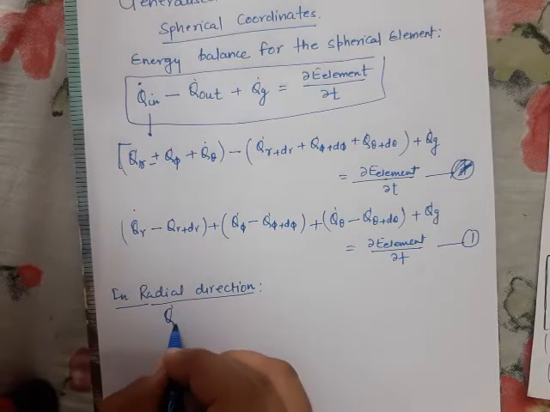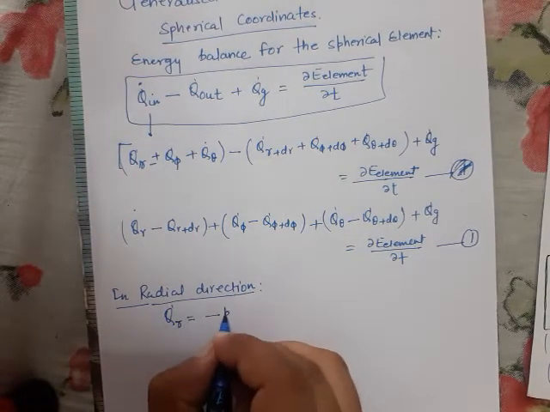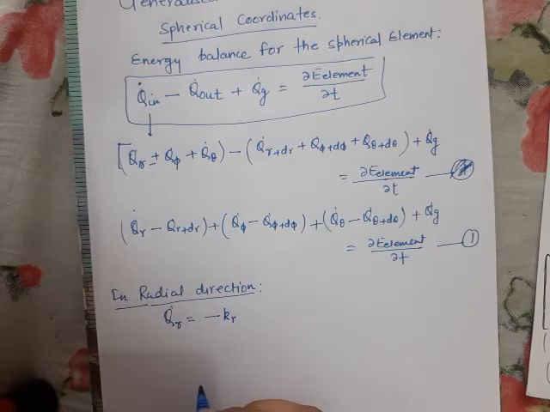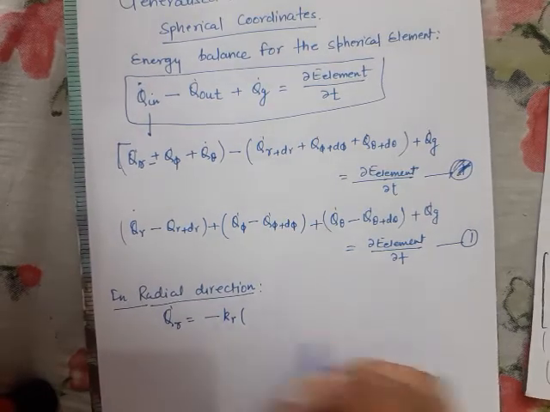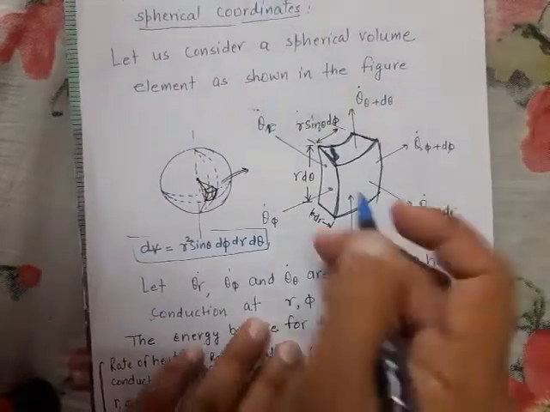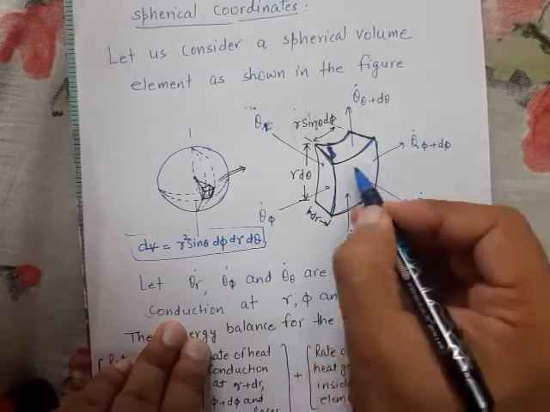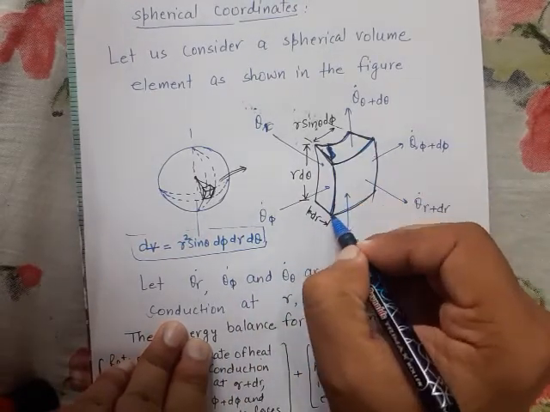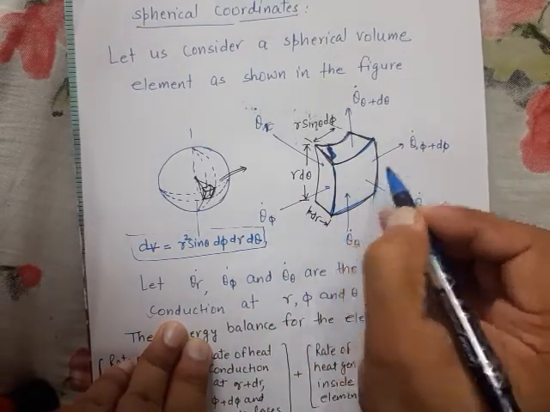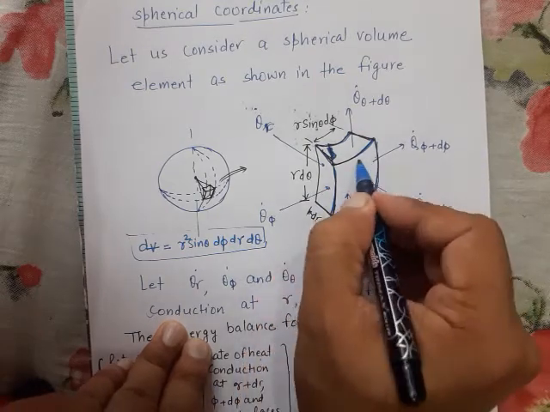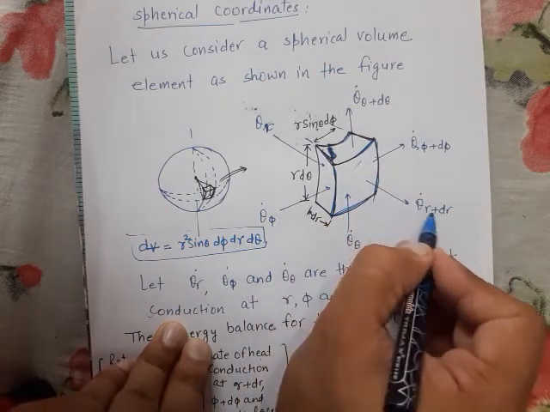So Q_r can be written as minus k_r, where k_r is the thermal conductivity in the radial direction, multiplied by the area perpendicular to the radial direction. Again, please note, this is heat conduction in the radial direction, so you need to take the area of this face, because we always take the area perpendicular to the direction of heat transfer.